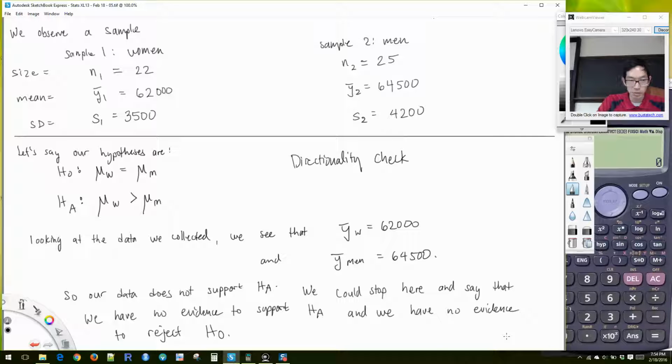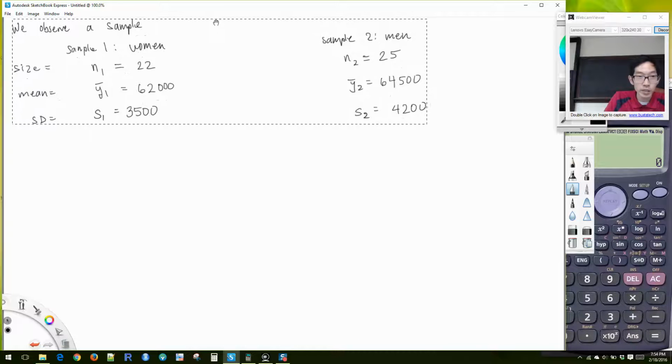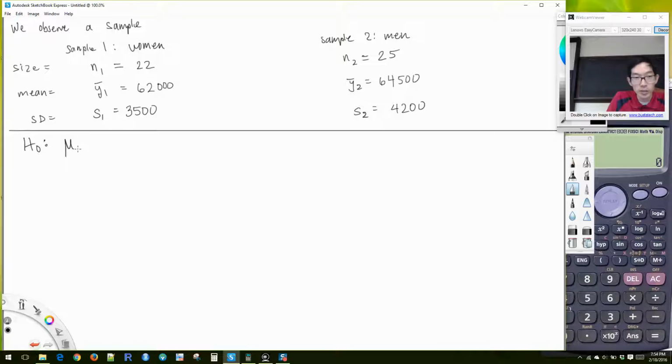Okay, so we'll continue, and we'll say we've used one of the other alternatives here. So we observe a sample. Now we will say our hypotheses, our null hypothesis will be... Okay, so this is what we call a directional alternative.